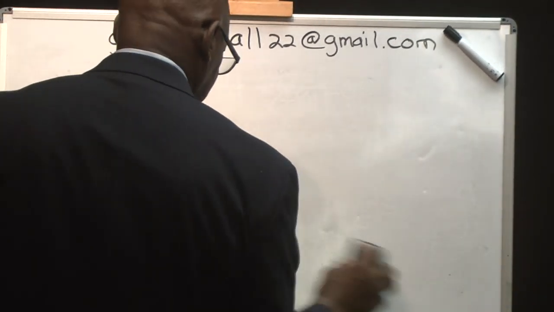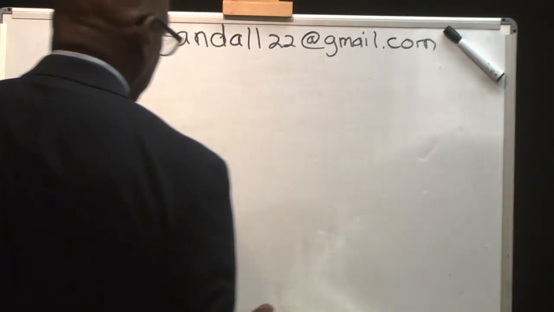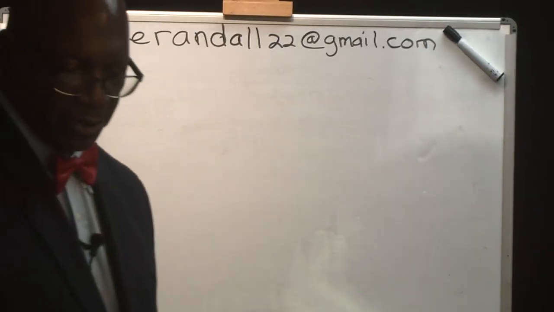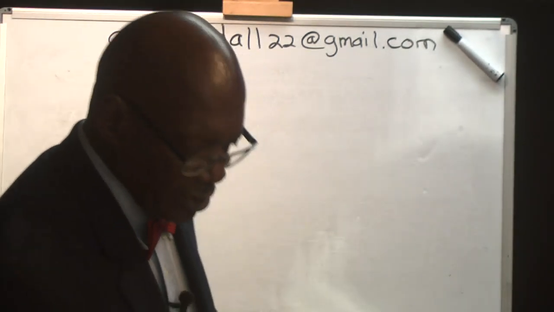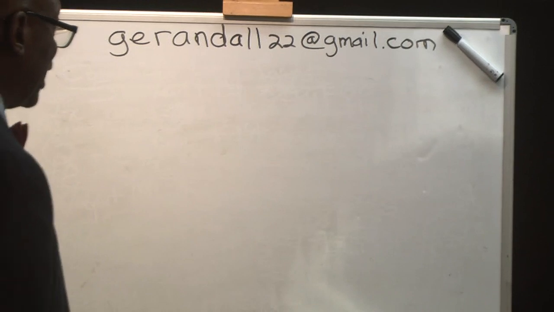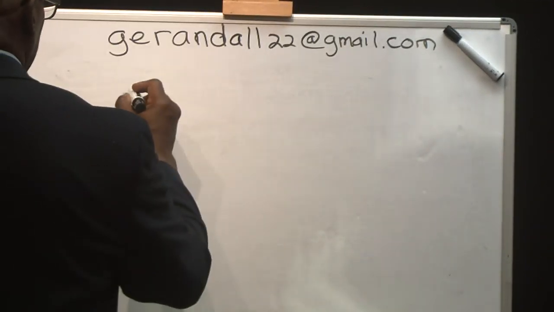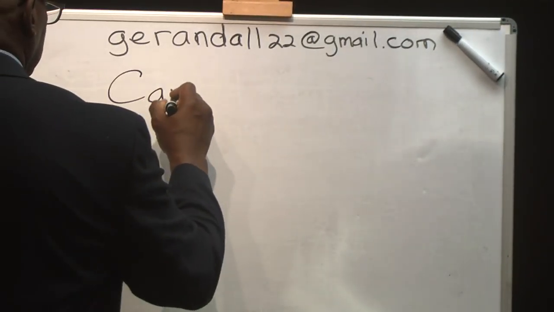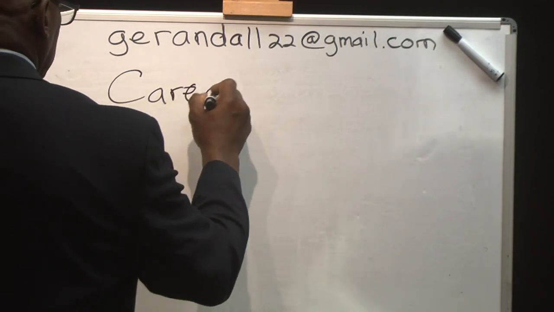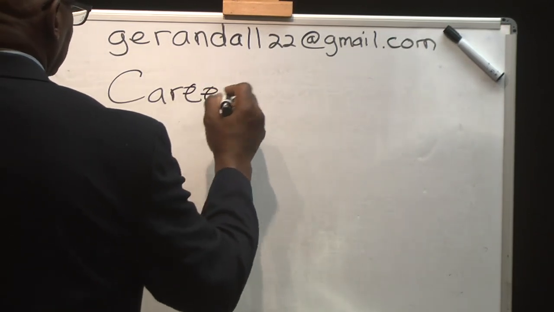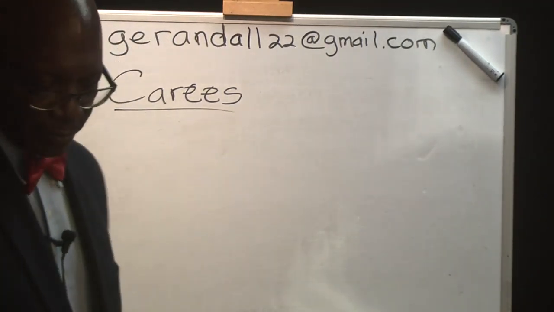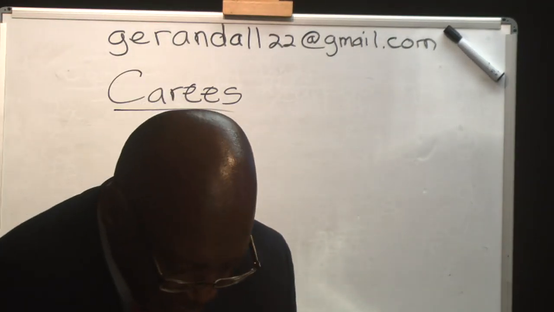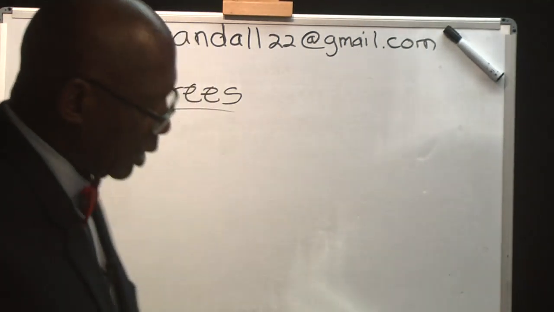Enough about solving linear equations. What I do want to speak to you about briefly is mathematics, and everyone does not have to be a mathematician, but careers related to mathematics.